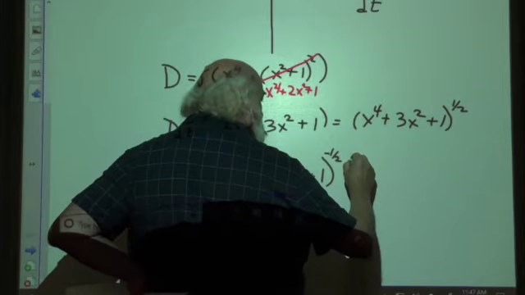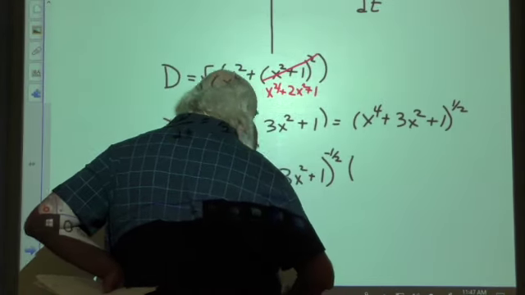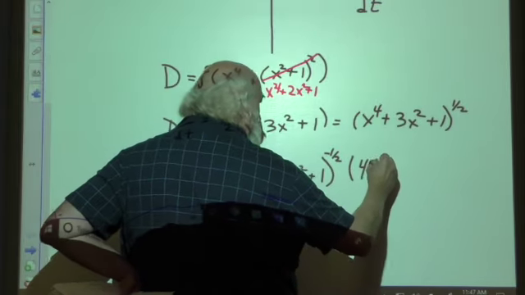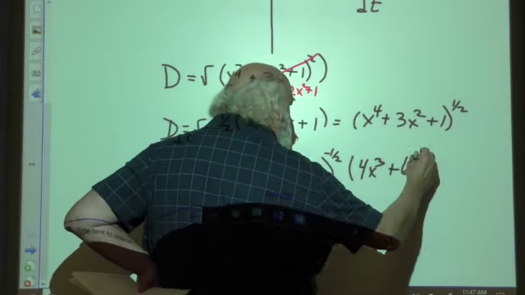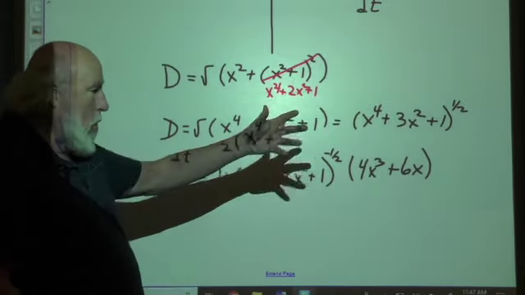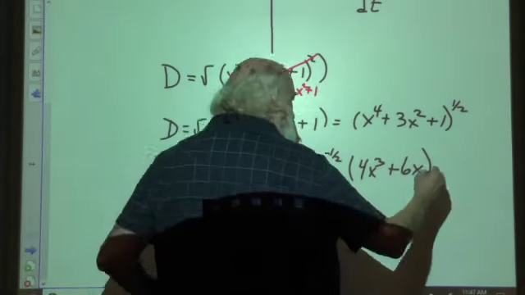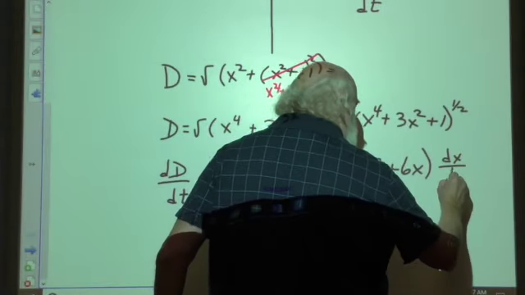So that's going to be 4x cubed plus 6x. And of course the 1 drops out because the derivative of 1 is 0. And this will be dx/dt.